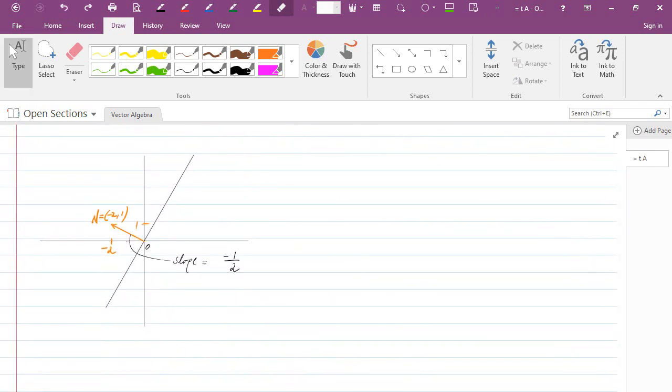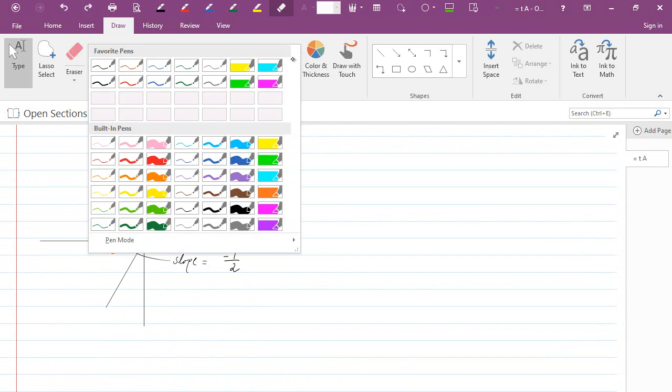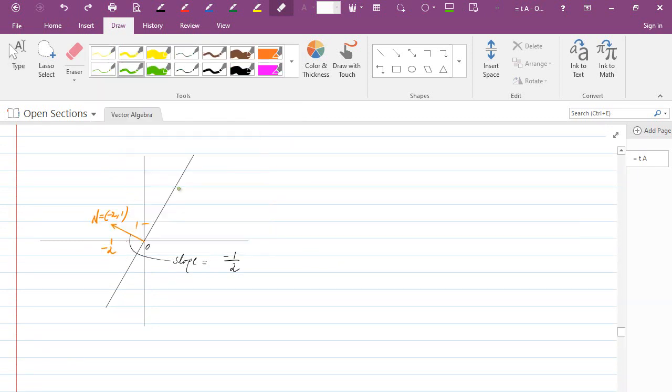We're looking for an equation that will be satisfied by an arbitrary point on the line. Let's say capital X is an arbitrary point on the line, so X is (x, y). We want to find an equation that will be satisfied by x, y.